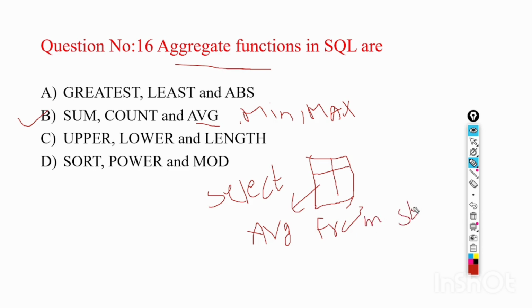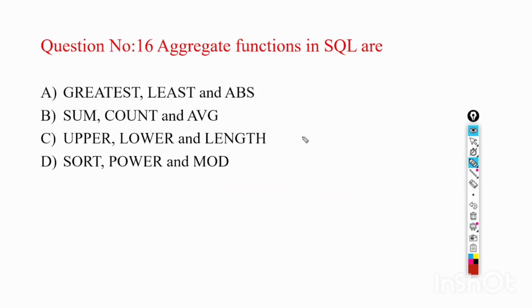So if you take the average type, we will calculate the average marks of the students. There is some syntax: select average, marks from student. So overall student marks, I will get the average. Okay.